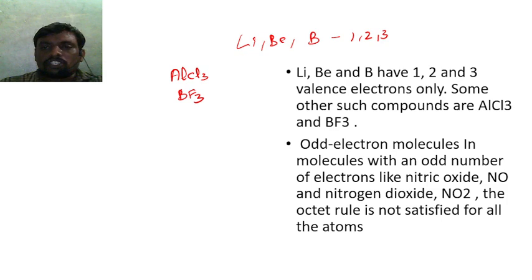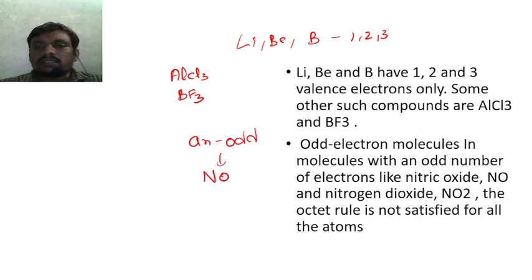The second is molecules with an odd number of electrons. What is an odd number of electrons? For example nitric oxide, nitrogen monoxide, and nitrogen dioxide. So here nitric oxide NO and NO2, nitrogen dioxide.